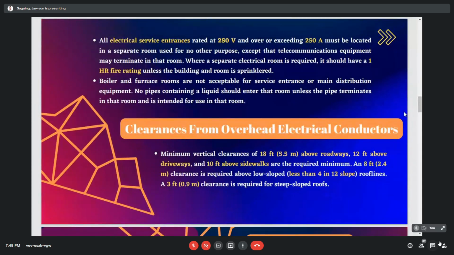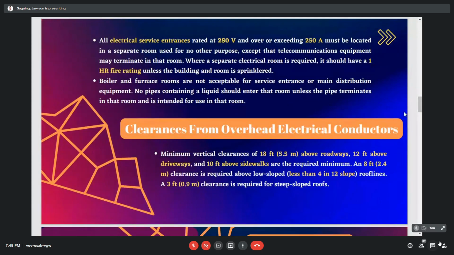Generally, all electrical service entrances rated at 250 volts and over or exceeding 250 amps must be located in a separate room used for no other purpose except that telecommunications equipment may terminate in that room. Where a separate electrical room is required, it should have a 1 hour fire rating unless the building and room are sprinklered.